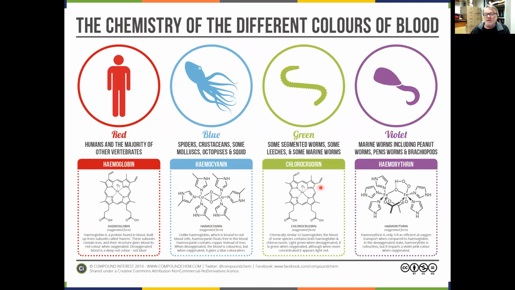So here are some of the molecular images. This is showing the chlorocruorin that forms a greenish color in marine worms and also in some leeches. And you can see there's a very close similarity between hemoglobin here and this molecule.